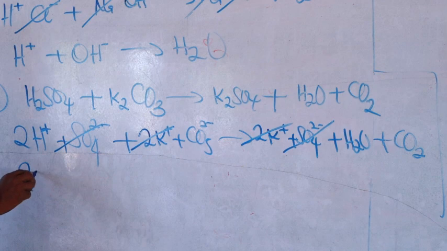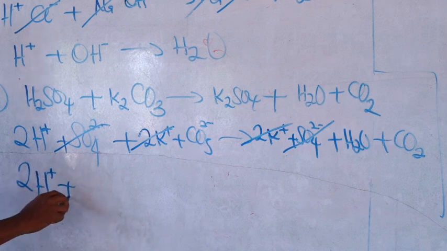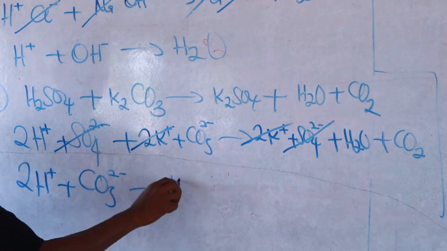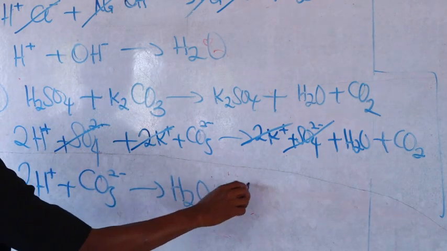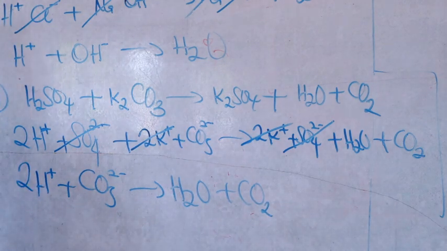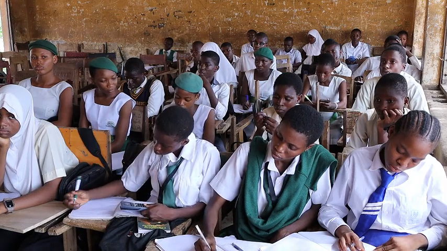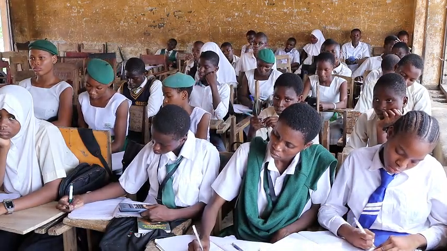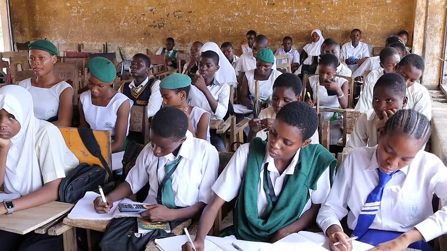We have 2H plus and CO3 2 minus to give us H2O and CO2. Even when you write your equation, you always check if what you have is balanced or not. You always check if what you have written is correct or not.